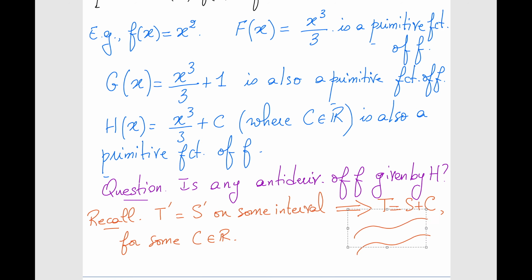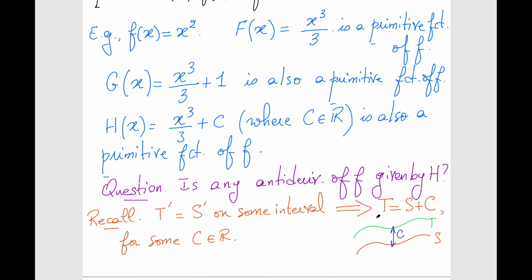Let's color this, let's say, in green. If one of them is t, the other is s, and that shift is the constant c. That vertical shift is the constant c.